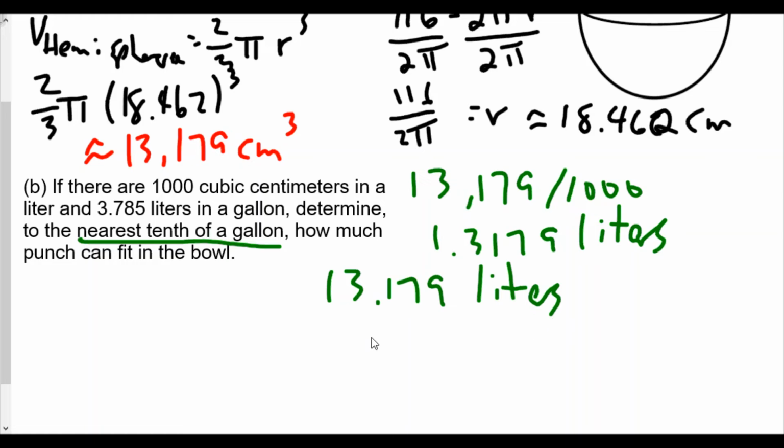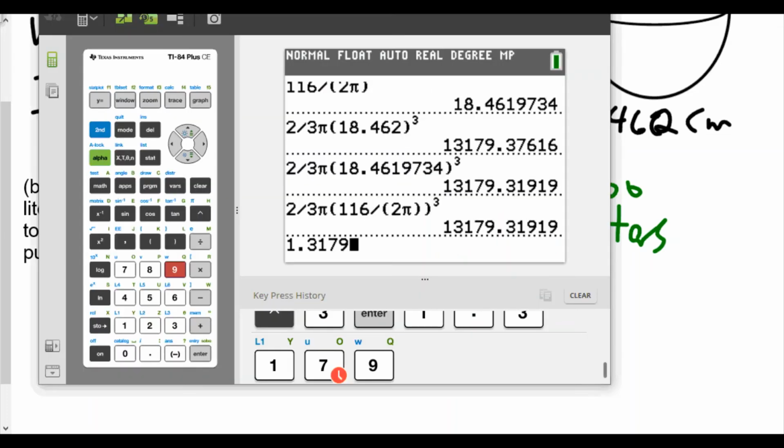All right. And then of course 13.179 divided by 3.785. All right, so make that adjustment here. Let's see if I can move this over here.